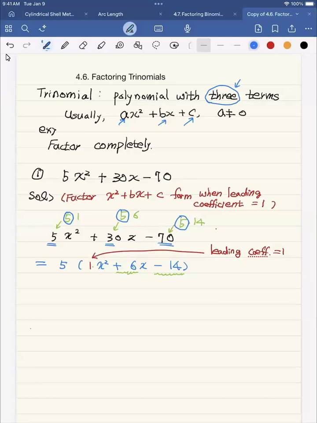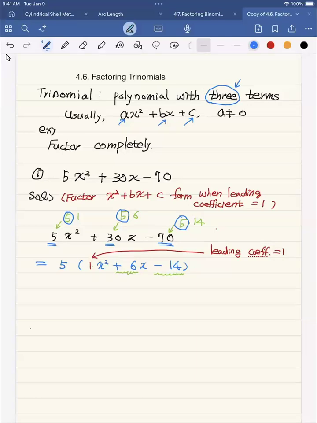Factor completely. The first problem is 5x squared plus 30x minus 70. What we have to do first is observe whether there is any common factor among the coefficients 5, 30, and 70.